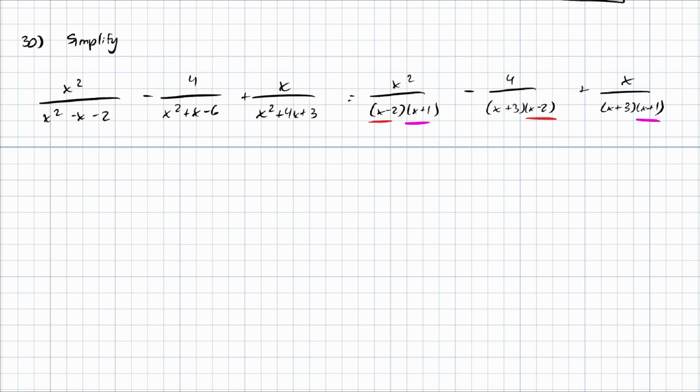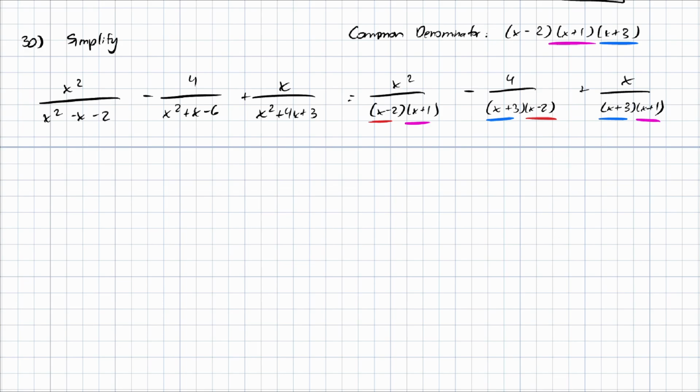This is very useful because of my common denominator. Let me give myself a little more space to write everything. This will be x minus 2, x plus 1, x plus 3, which means I want all the colors.